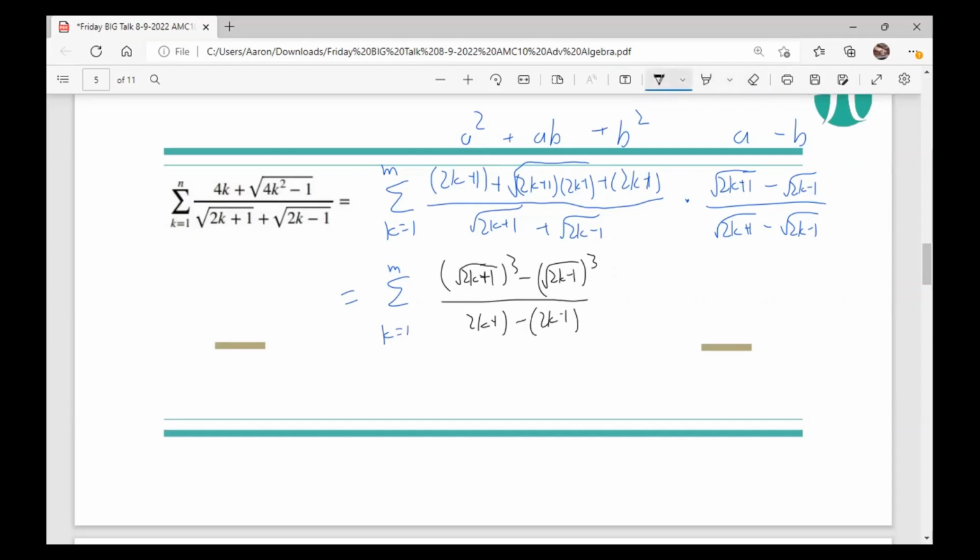And so this is just 1/2 of the sum from k equals 1 to n of the square root of 2k plus 1 cubed minus the square root of 2k minus 1 cubed.